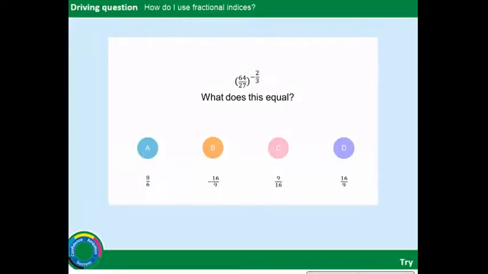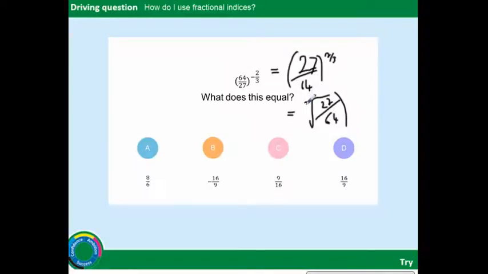What does this equal? A, B, C or D? Okay, we've got a negative power again, so let's deal with the reciprocal. 27 over 64 to the power of 2/3. Then we want to cube root, and then square.